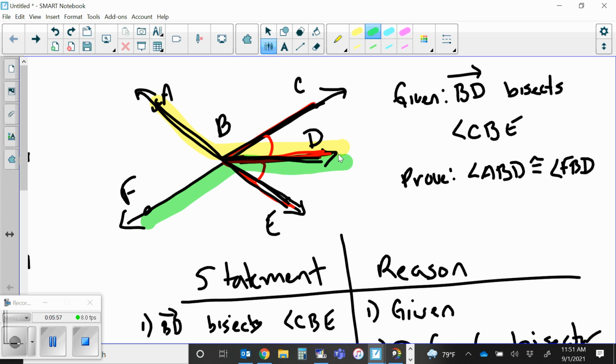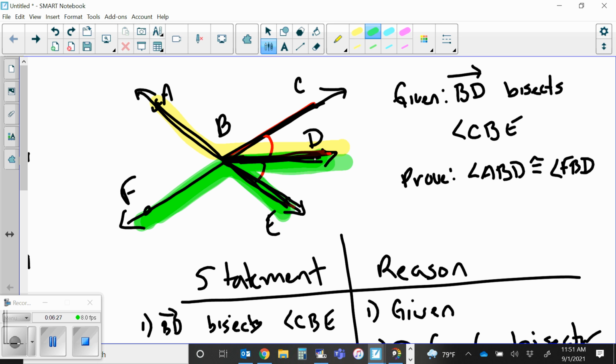No, DBF would be the same angle, but what is it made up of? Not CBD. So I'm talking about this angle, the green one. It's made up of DBE or you could say it as EBD, that's fine, and FBE or EBF. Those together make up FBD.